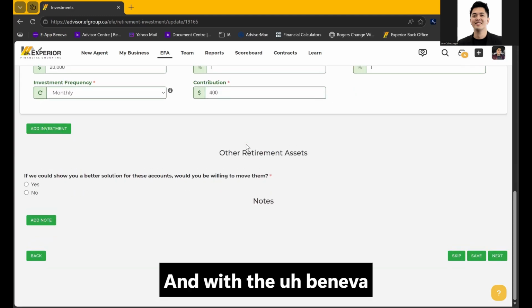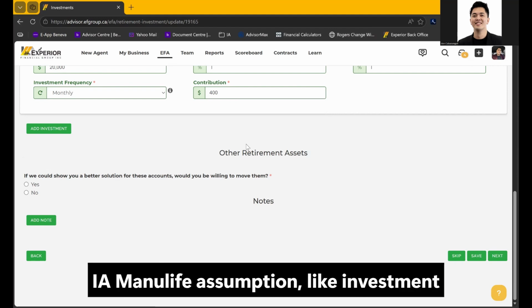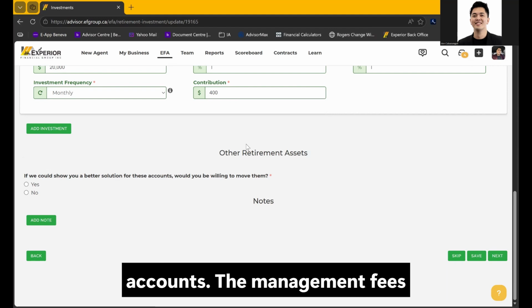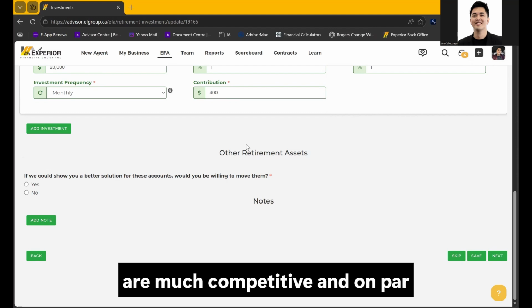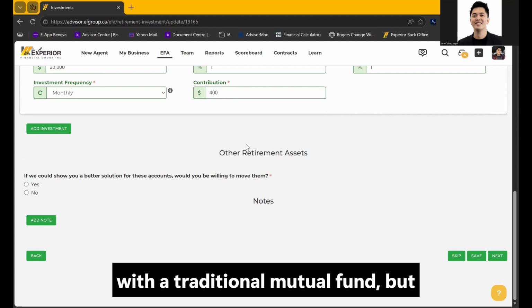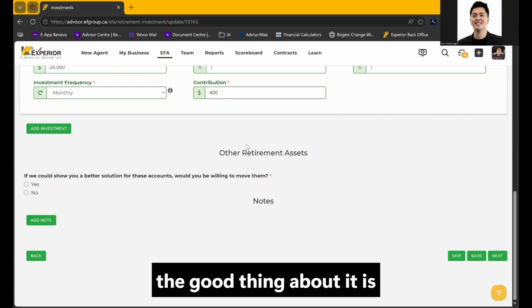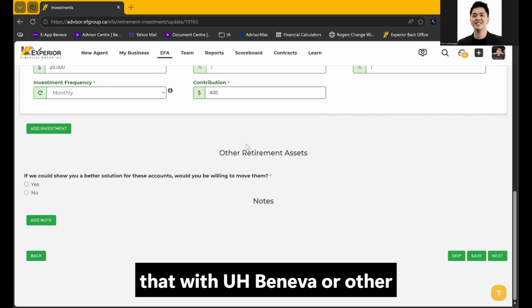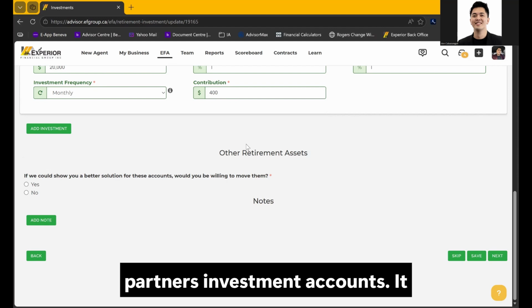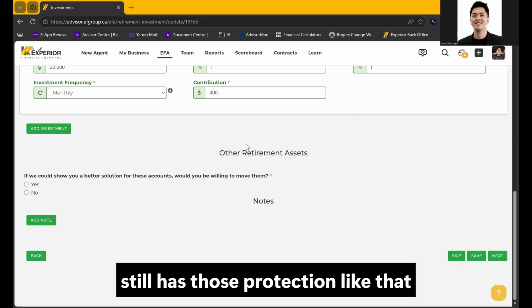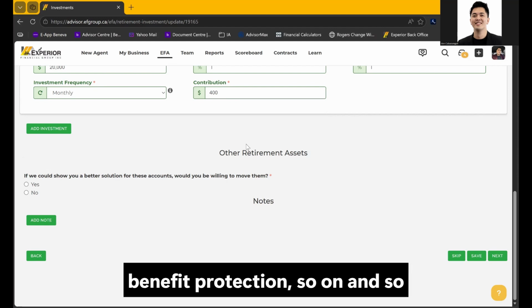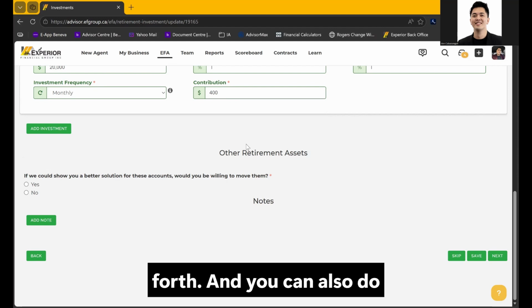And with the Beneva, IA, Manulife, Assumption Life investment accounts, the management fees are very competitive and on par with a traditional mutual fund. But the good thing about it is that with Beneva or other partners' investment accounts, it still has those protections, like that benefit protection, and so on and so forth.